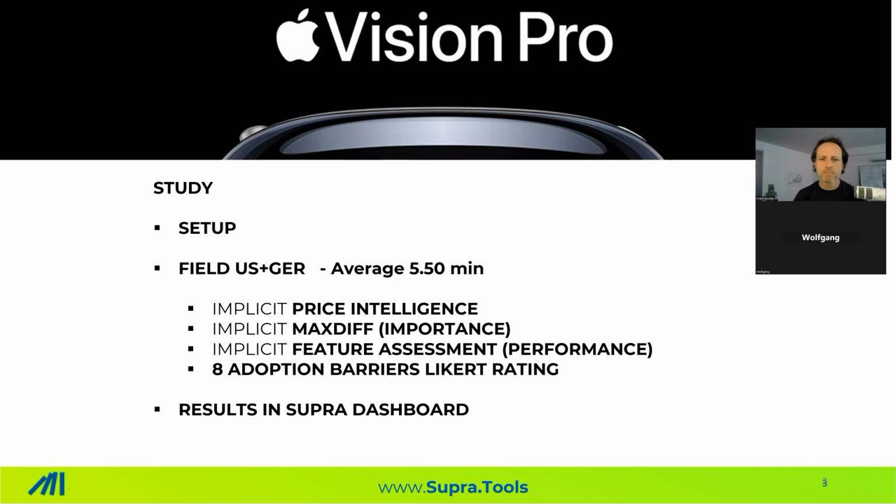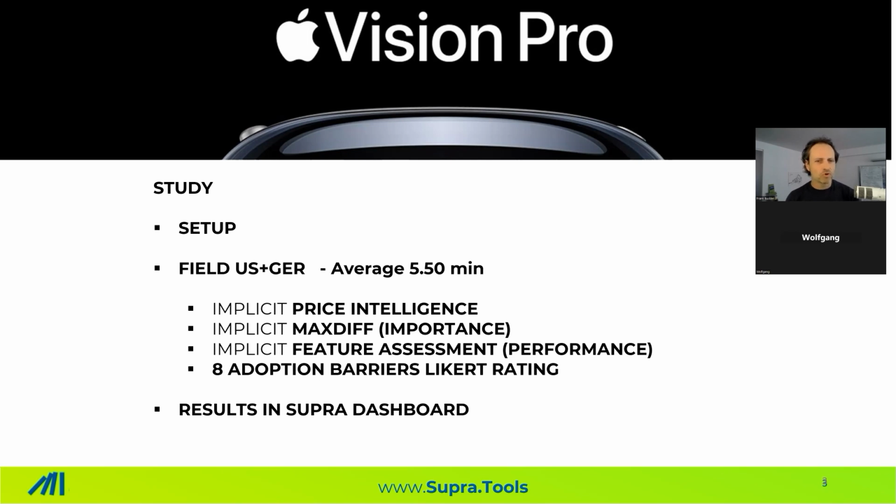But in the implicit MaxDiff method, it's made even easier. In implicit MaxDiff, you simply ask, hey, feature resolution, is it important or not important? And the implicit association measures the time you need to answer important or not important, right? If it's a fast answer, if you click fast on important, it's really important, right?